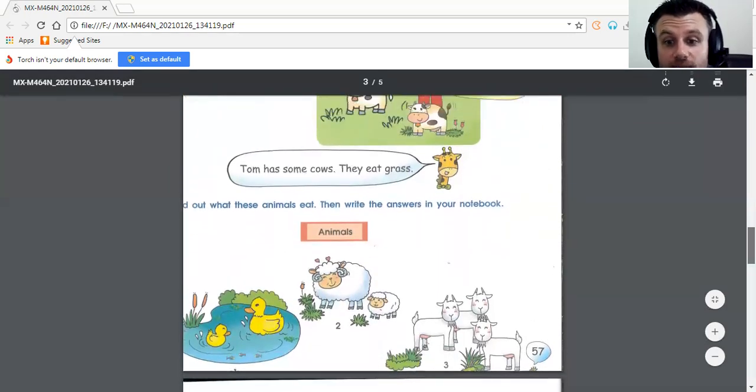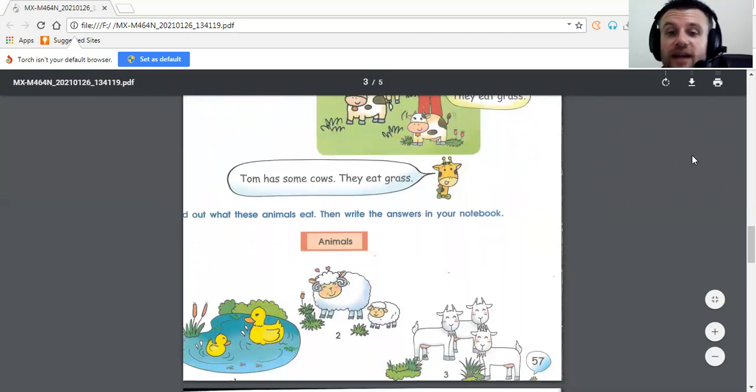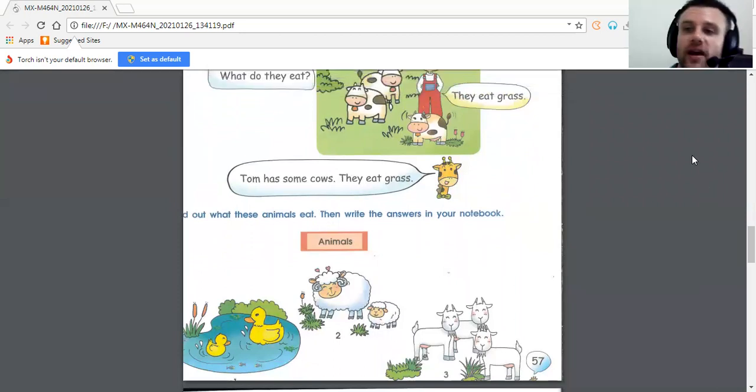Okay, so next. You have animals here. Which kind of animal do you have in the picture? Try to make the sentences correctly. There are a duck and a duckling.